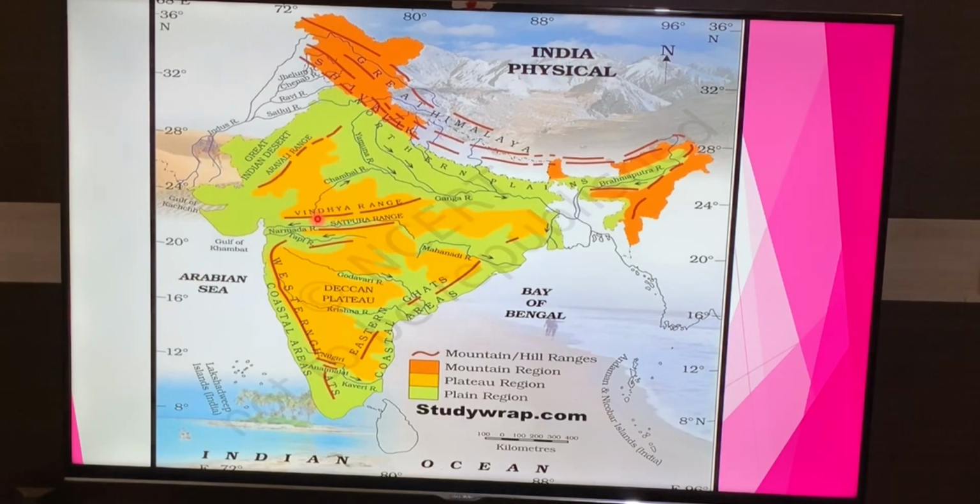Next, the Vindhya range, in the north of Narmada. The Satpura range lies between the Narmada and Tapti rivers. So here is the Satpura range. First, the Aravalli range, Vindhya range, Narmada river, Tapti river, Satpura ranges.